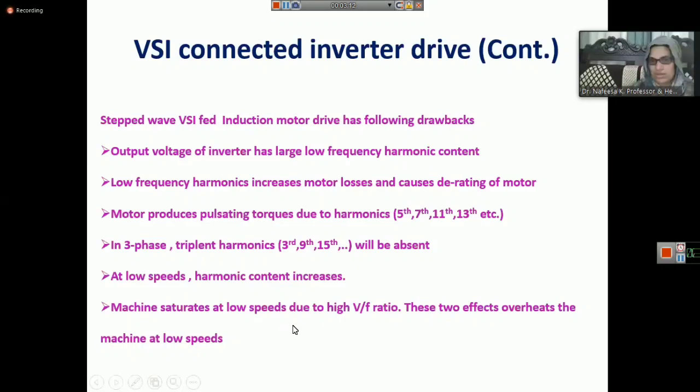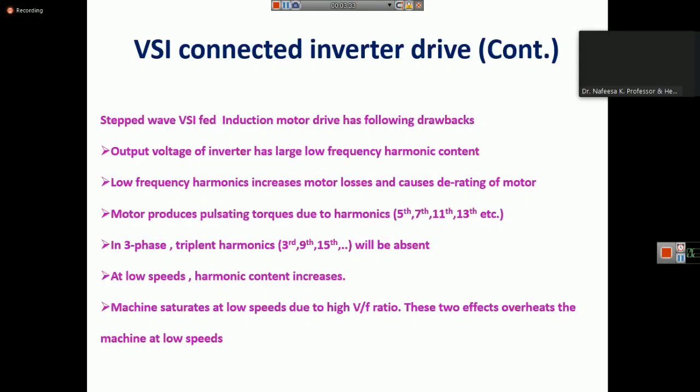Flux is proportional to V by F, so flux will increase, and there is a chance for saturation. So due to these effects, it overheats the machine at low speeds.